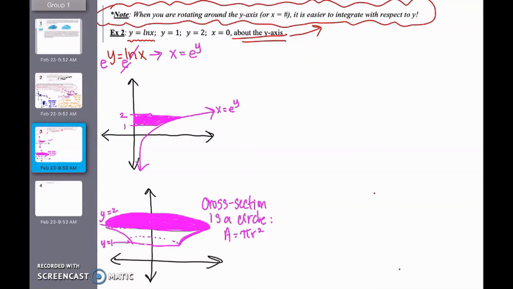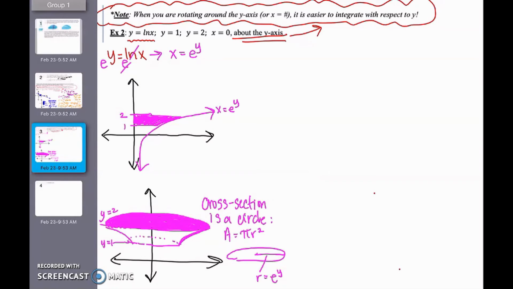There's the height of our volume solid. So our radius then, once again, just like before, is going to be our function that we started with, which is y equals ln of x, or in this case, since we're integrating with respect to y, our radius is going to be equal to e to the y.